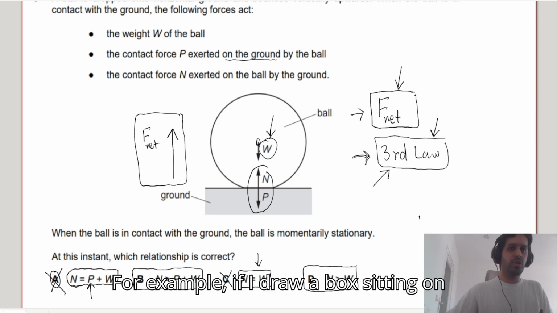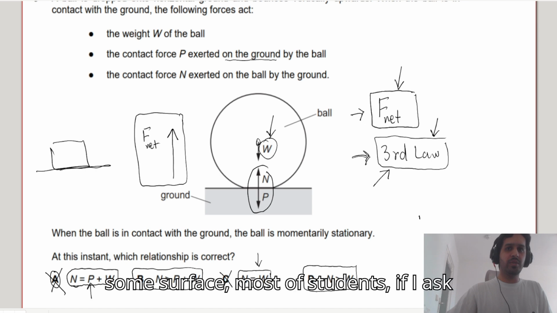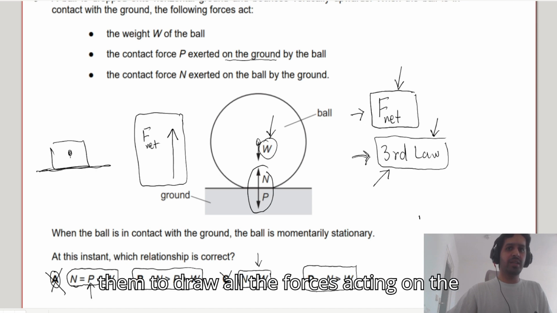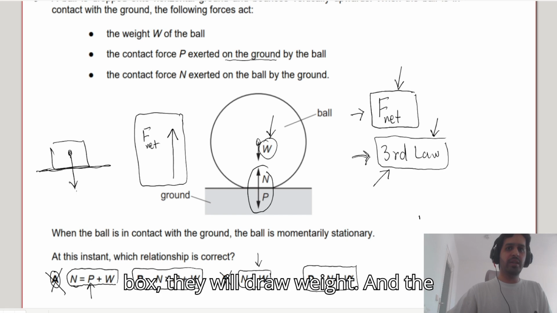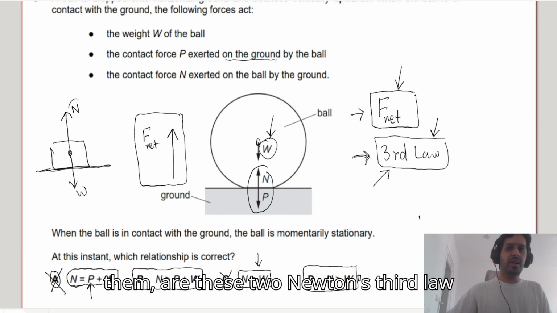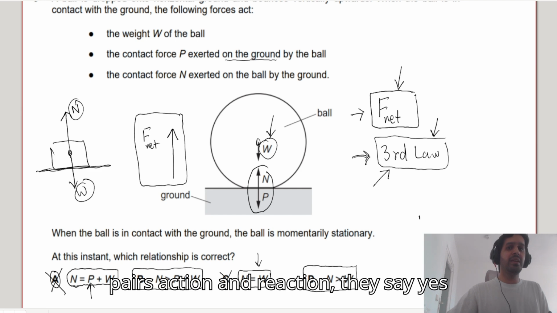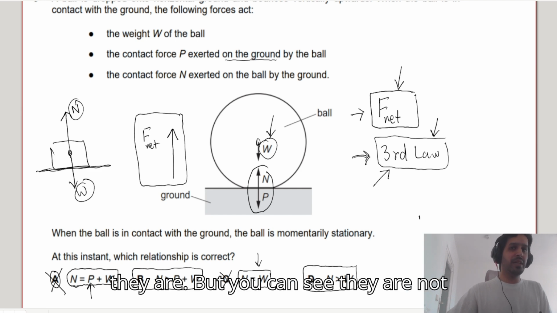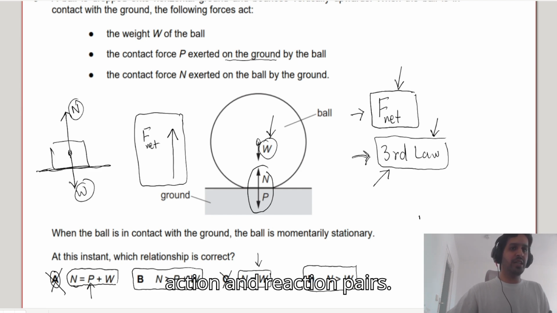For example, if I draw a box sitting on some surface, and ask them to draw all the forces acting on the box, they will draw weight and the normal force acting upwards. And if I ask them, are these two Newton's third law pairs, action and reaction, they say yes, they are. But you can see they are not action and reaction pairs.